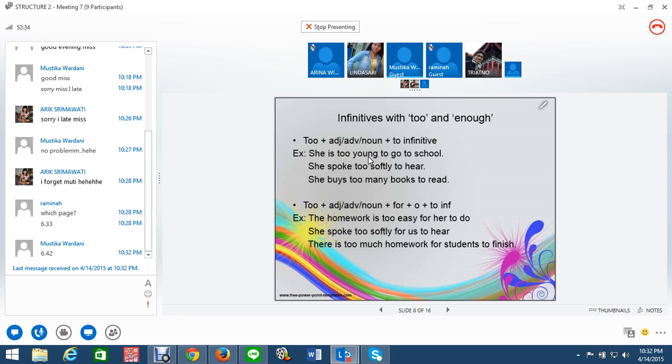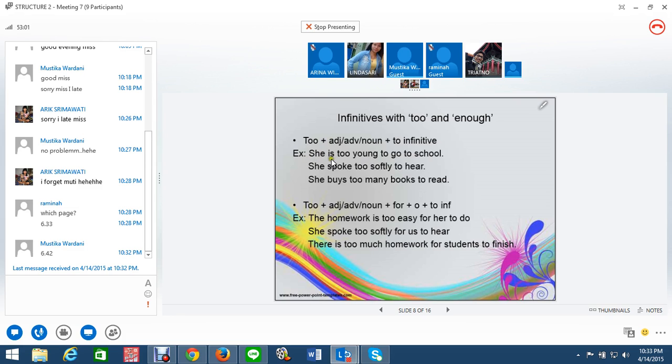Do you still remember the characteristics of adjectives? The first is that an adjective has an antonym. The second is that it has degrees of comparison. These are the characteristics of adjectives.